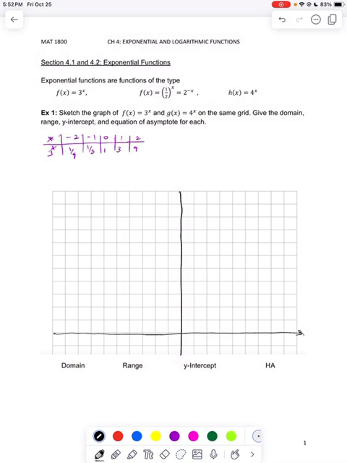If we are going to take 1 unit for each tick mark, basically we can do 2 squares to be 1, just to make it more clear. So 1, 2, 3, 4, because we are not going to go too far away.